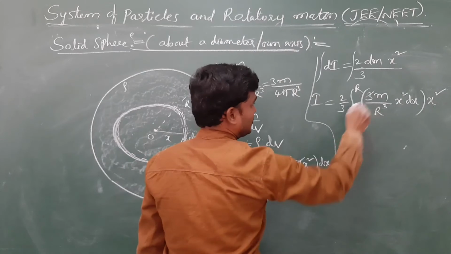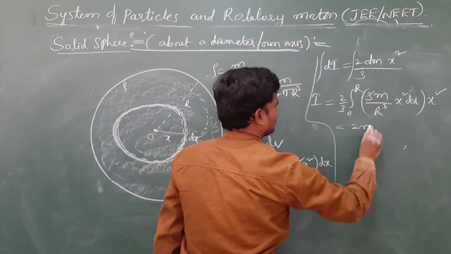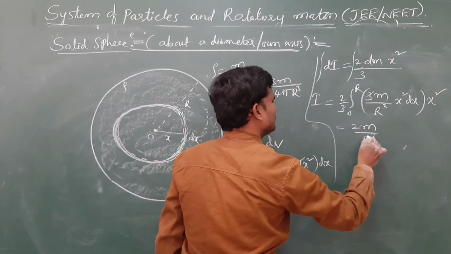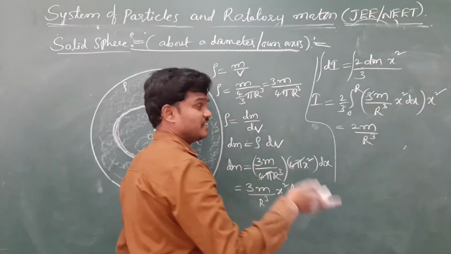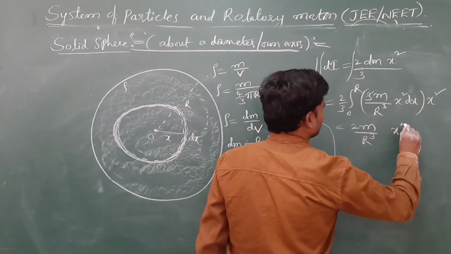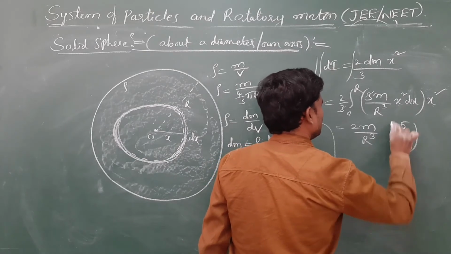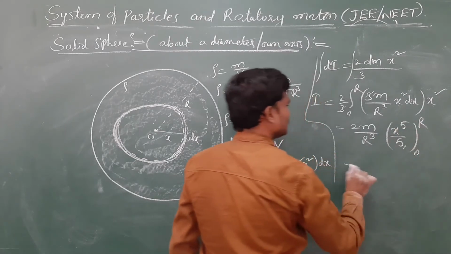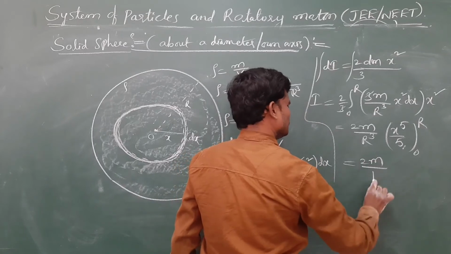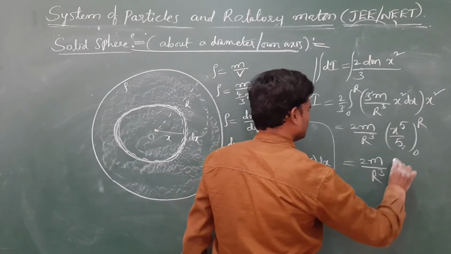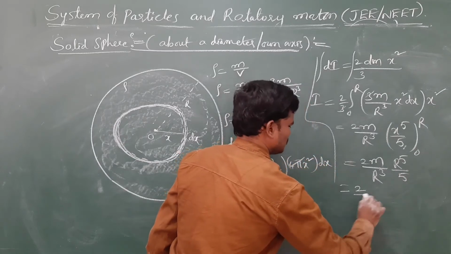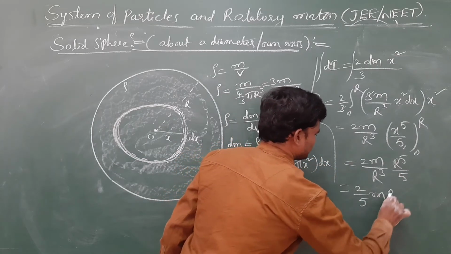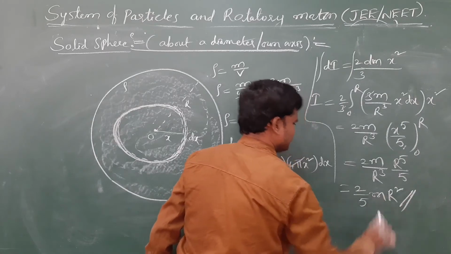So 3 gets cancelled. 2m by r cube, x square times x square is x power 4, the integral of x power 4 dx is x power 5 by 5, limits 0 to r. 2m by r cube, r power 5 by 5, so 2 by 5 mr square.